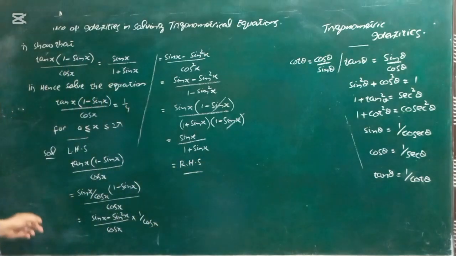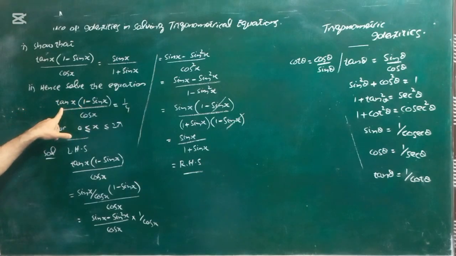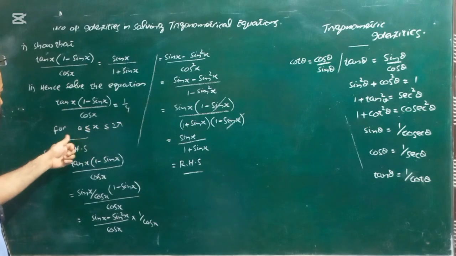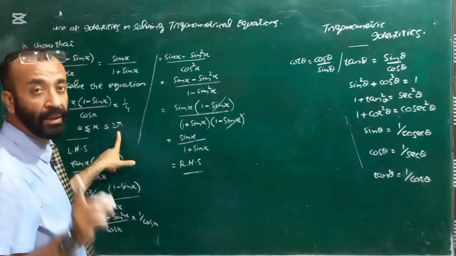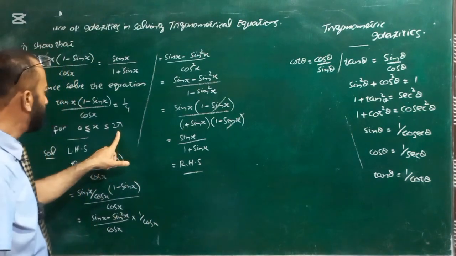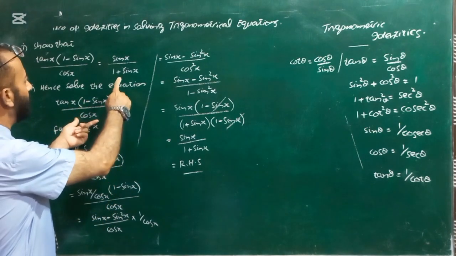Now the second part is: hence solve the equation tan x into 1 minus sin x over cos x equal to 1 by 4 for x greater than or equal to 0, less than or equal to 2 pi. So 2 pi is showing that. Change your calculator into radian mode. Okay, this factor has been proved equal to this one.